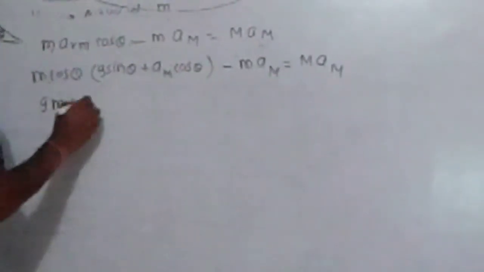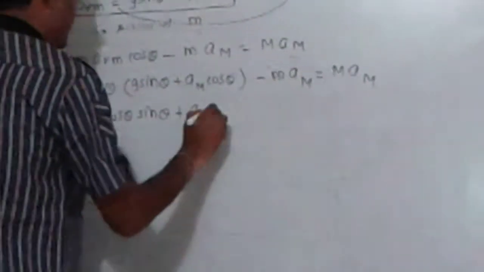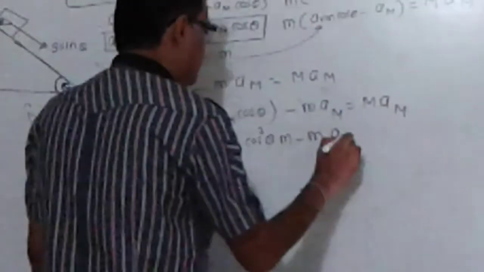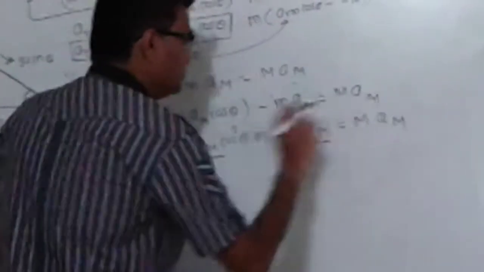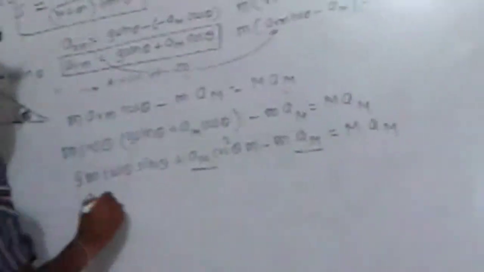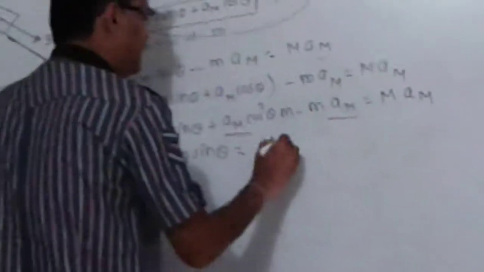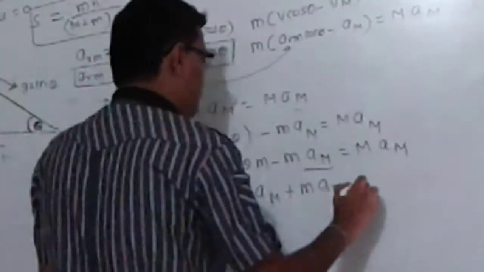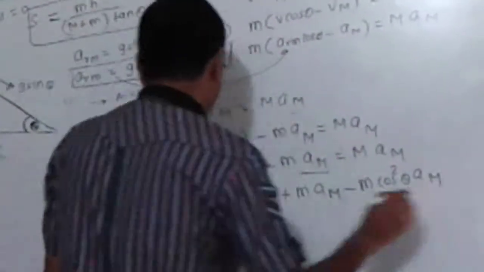I get Gm into cos theta sin theta plus Am into cos square theta into small m minus M into Am is equal to capital M into A. Let me take all the capital M to the right and I get G into M into cos theta into sin theta is capital M into Am plus small m into Am minus small m into cos square theta into Am.